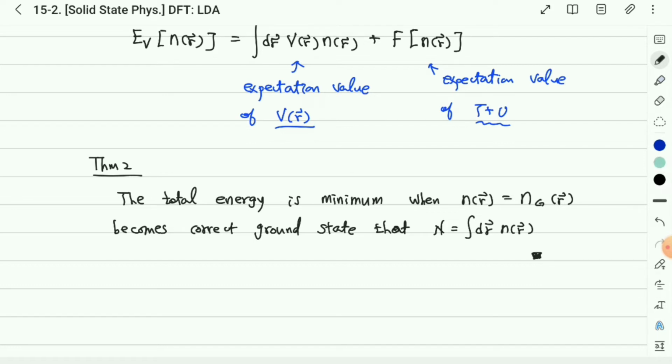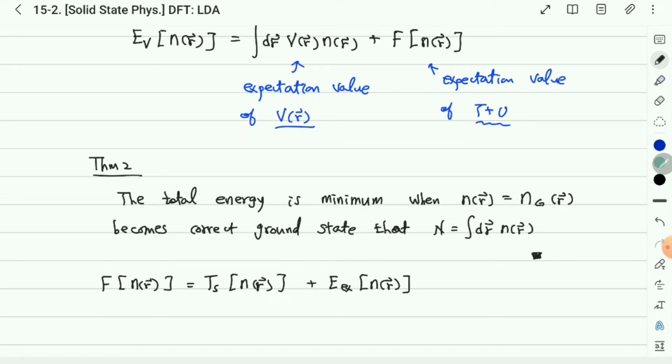Here the functional of n(r) is the expectation of T plus U, and it can be written down as the kinetic energy of free electrons, and here we should also include the exchange energy and the Coulomb interaction.